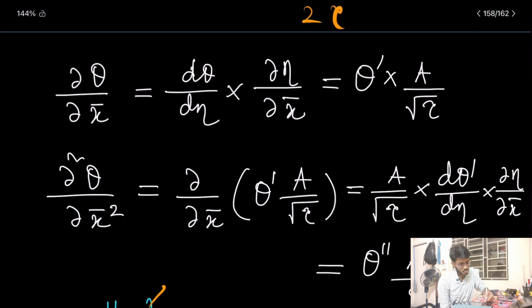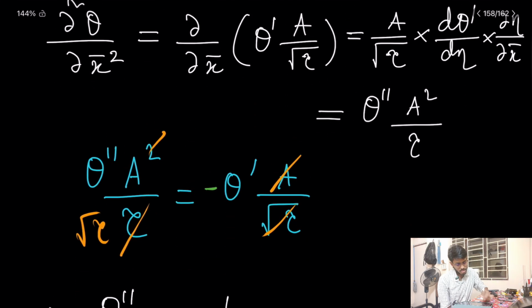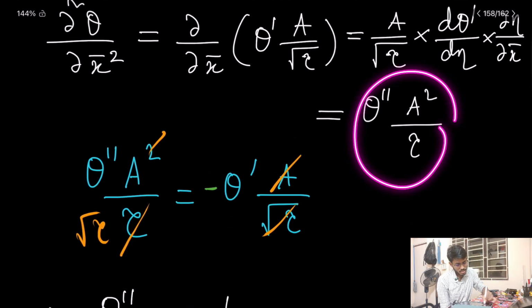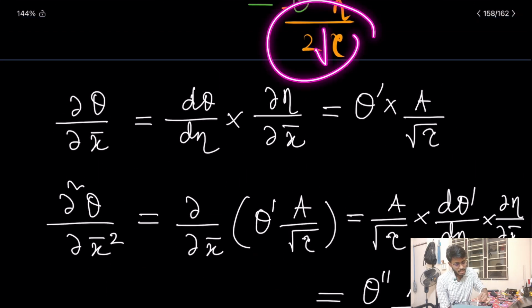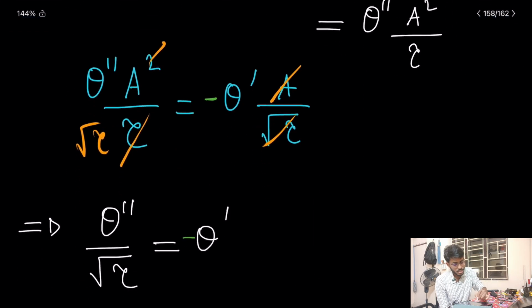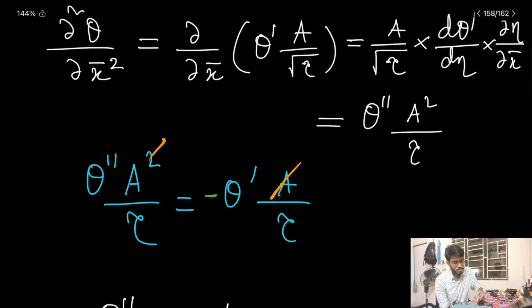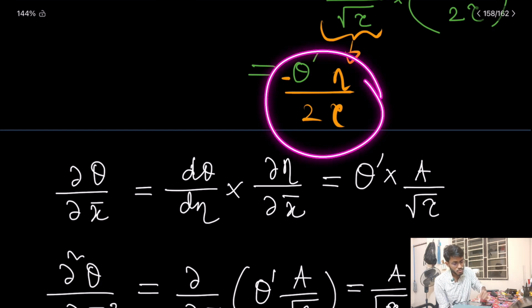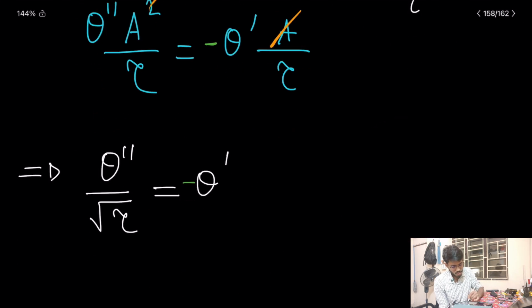Let me just see once more. Okay, this is a square. So this is this one. I have to put this one, and this was not root tau but only tau. So here also it will be tau, here also it will be tau. I have just equated this one and this one. Clear?